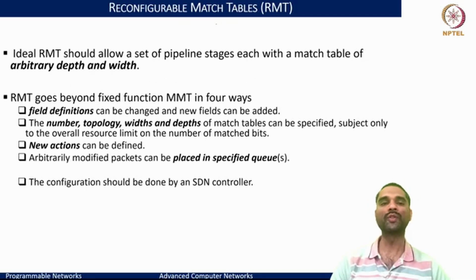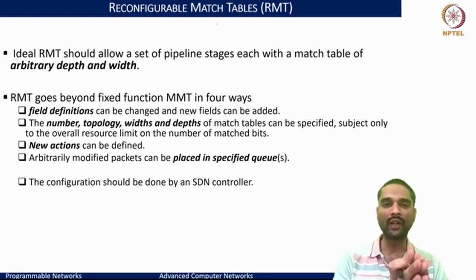And it came up with what it calls an ideal RMT, which should allow for a set of pipeline stages, each with a match table of arbitrary depth and width. That means if I said that I needed a layer 2 table with more than 8K entries, I should be able to configure it as I need.